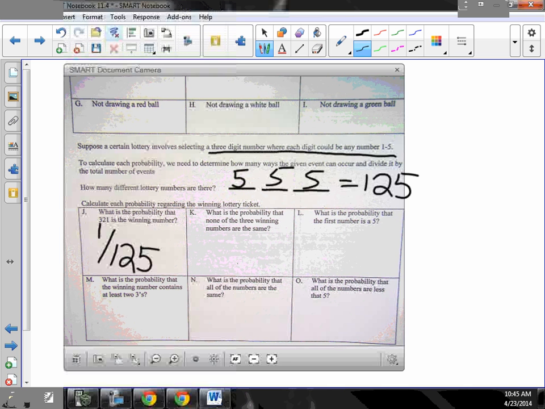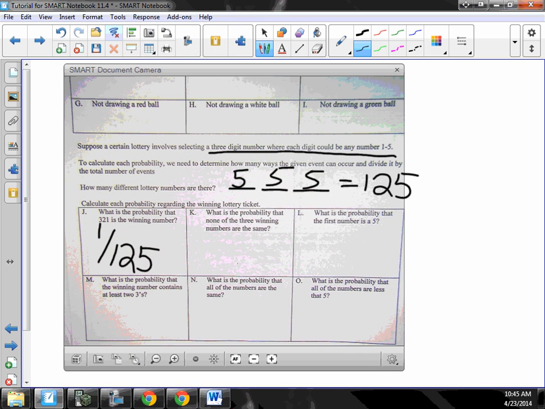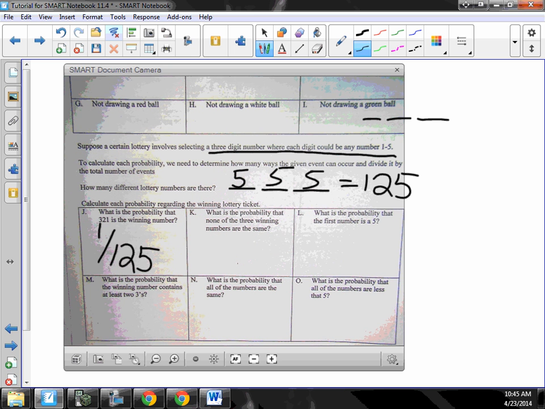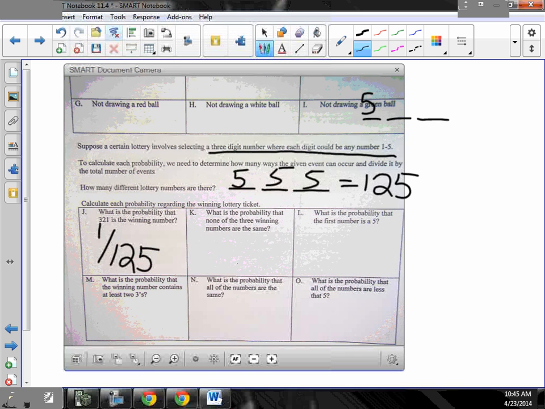It's more than 5. Well, let's think about it. These are permutations, right? So I should be able to calculate it by writing out the digits. How many options are there for digit 1? 5. The first number could be any number 1 through 5.